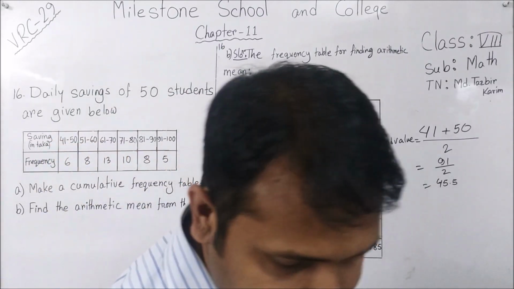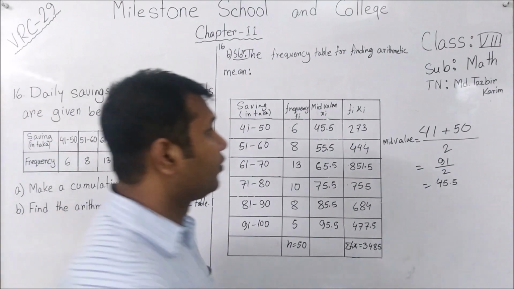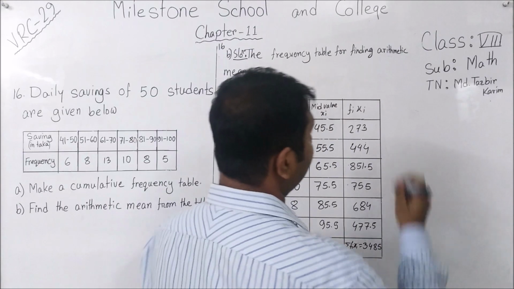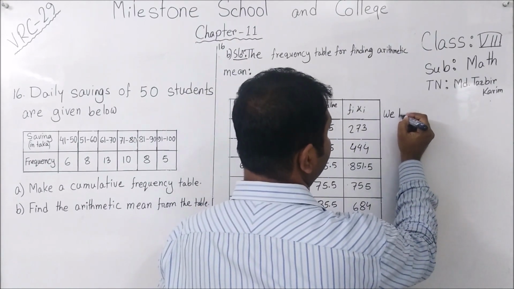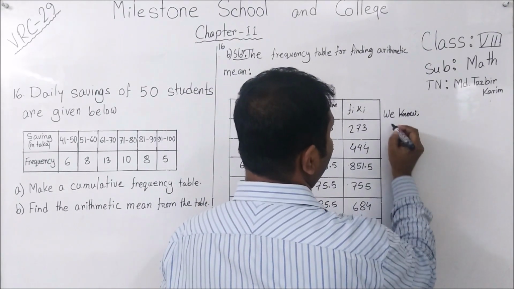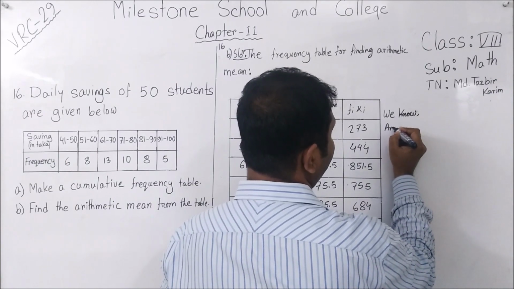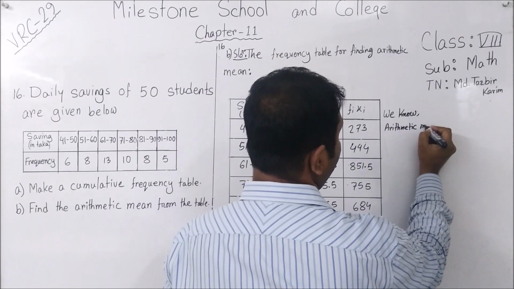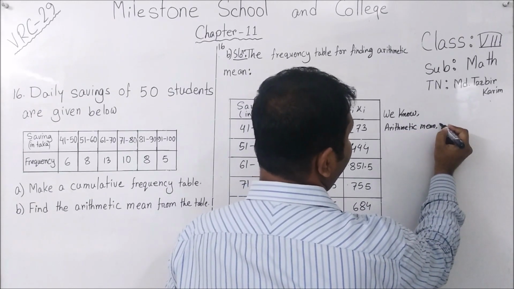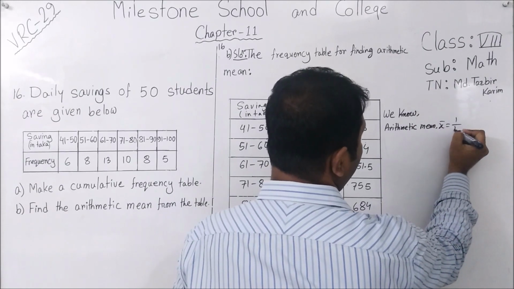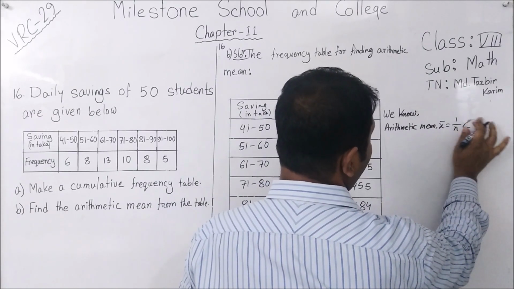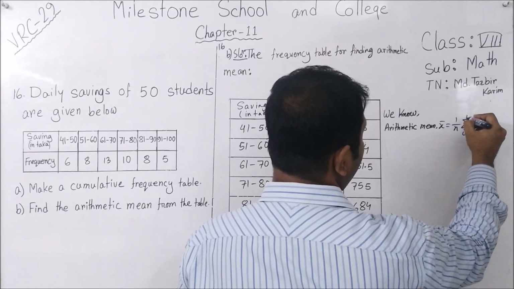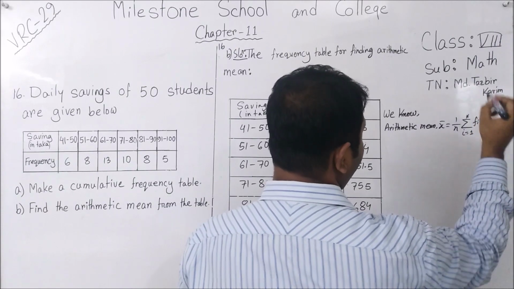Now we are going to find it using the formula. So we know the arithmetic mean, that is x bar equal to 1 by n, summation of i equal to 1 to k, fi xi.